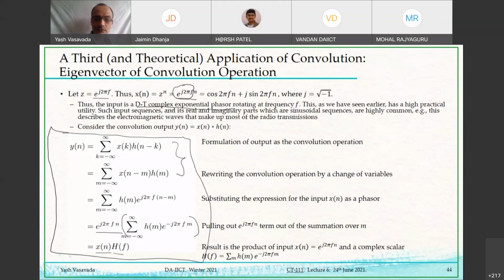Synthesis with h of m as weights. Analysis. Analysis. Yeah, it is one of the two things, right? You are thinking along the right lines, but it can be either analysis or synthesis. The answer is it is the Fourier transformation.